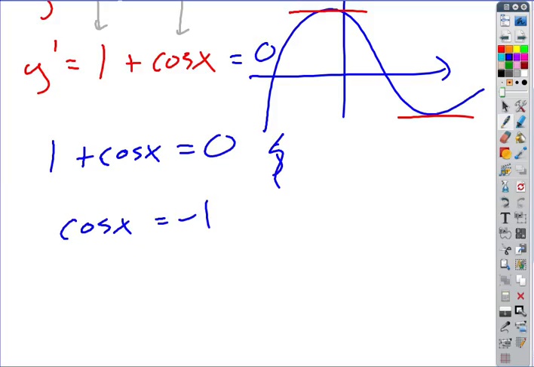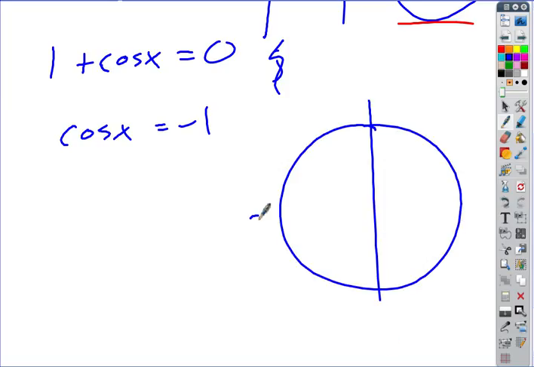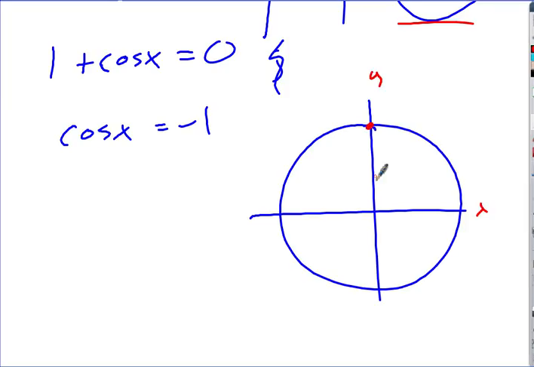On the unit circle, where is it? Cosine x is which coordinate on the unit circle, x or y? X. Good. So where is the x coordinate 0 on the unit circle? There and there, right?